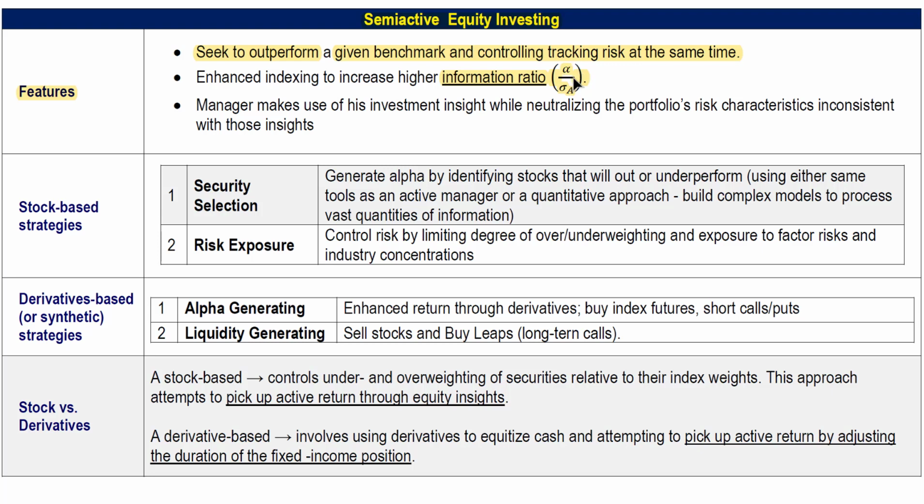So if your alpha is the same as mine, but I have a lower risk, or lower volatility of my active return, then I have a higher information ratio, and I beat you. In fact, all those fund managers are chasing each other. They are trying to maximize the information ratio.